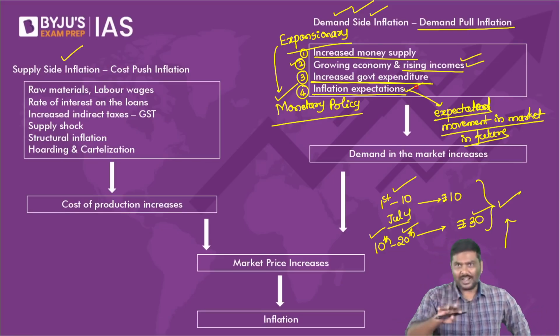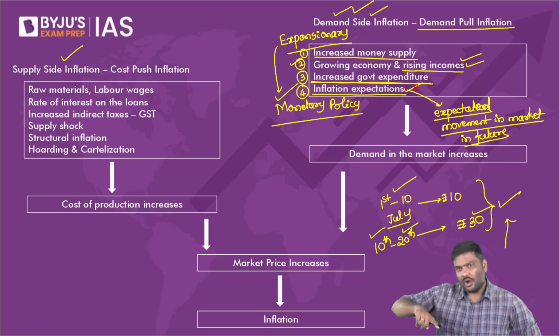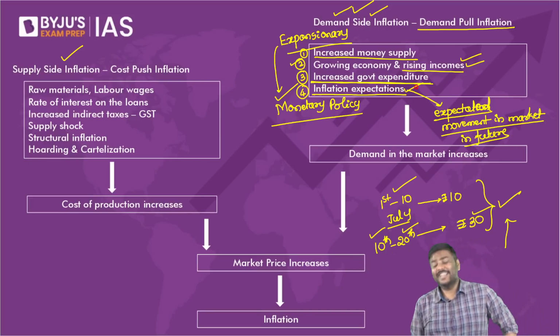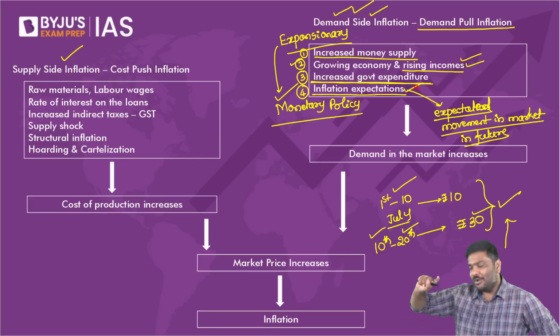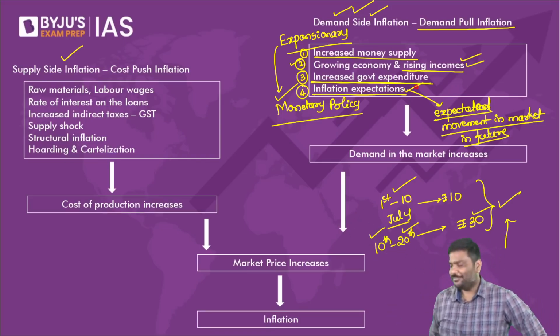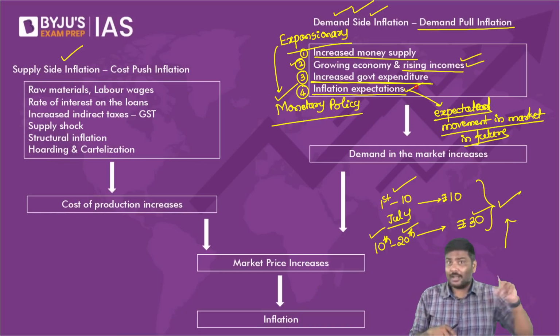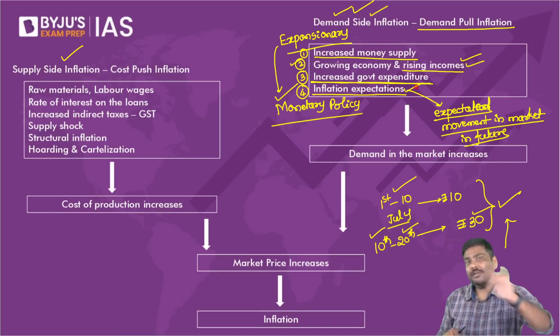Now, if you are a consumer of tomato, will you buy more tomato today or will you wait for one more week? Don't you think that even though the prices are higher compared to the last 10 days, today itself you will go to the market and purchase more?